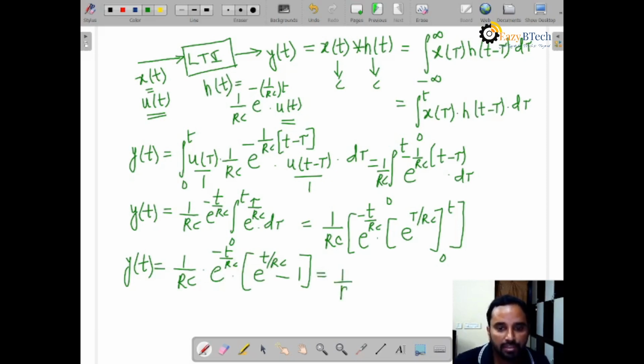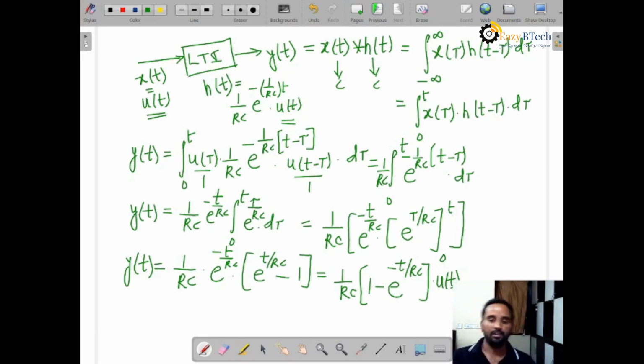So after multiplication, this will be the result: 1 minus e to the power minus t by RC into u of t. We can write into u of t because this answer is right sided, 0 to t, 0 after. So u of t value is 1, 0 after. So this is the output y of t for the given system. Okay? And if you plot it, I am going to plot it.